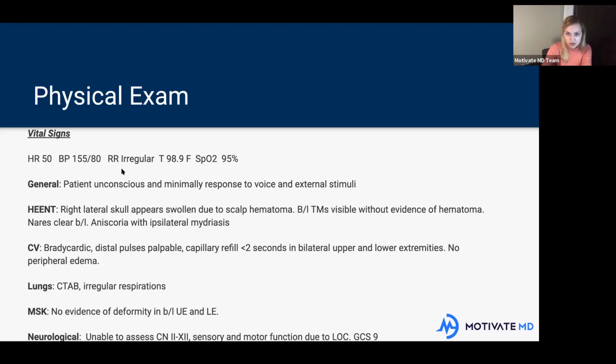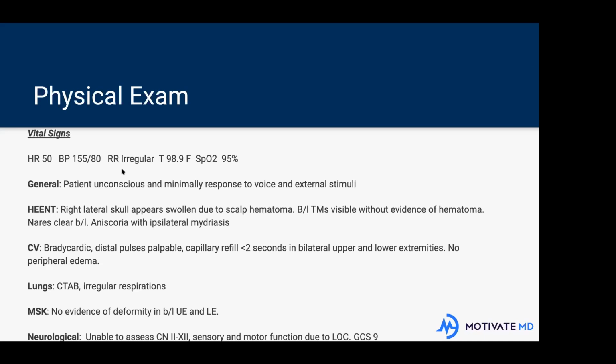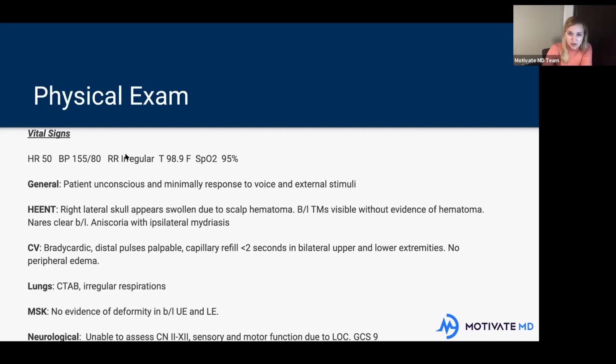This is kind of a hard question. So think about our differential diagnosis. We have epidural hematoma, subdural hematoma, and then we have intracerebral hemorrhage. What do you guys think might happen if we have pulsatile blood flow from an epidural hematoma, creating a larger and larger area of blood in the brain?